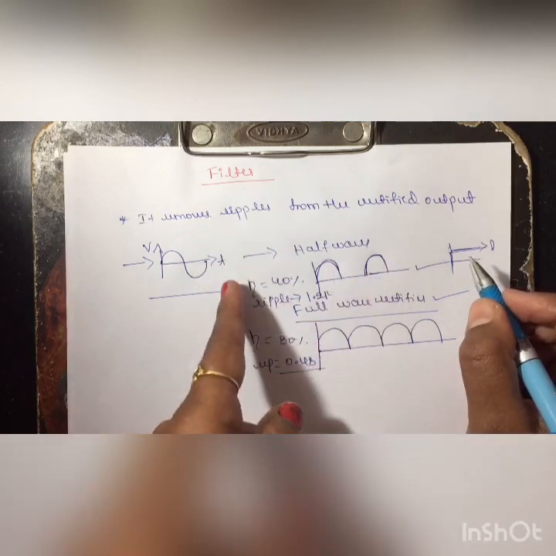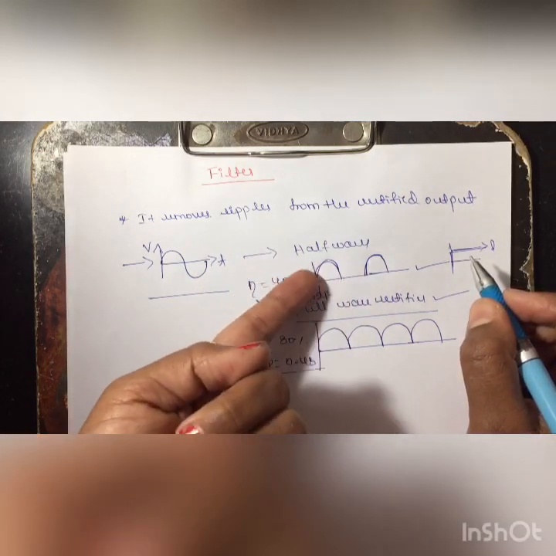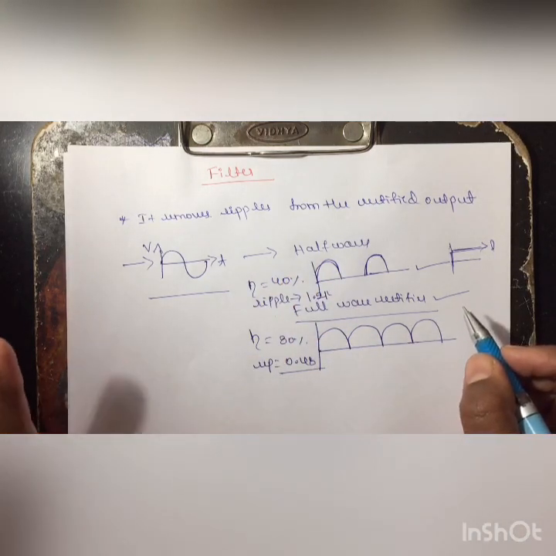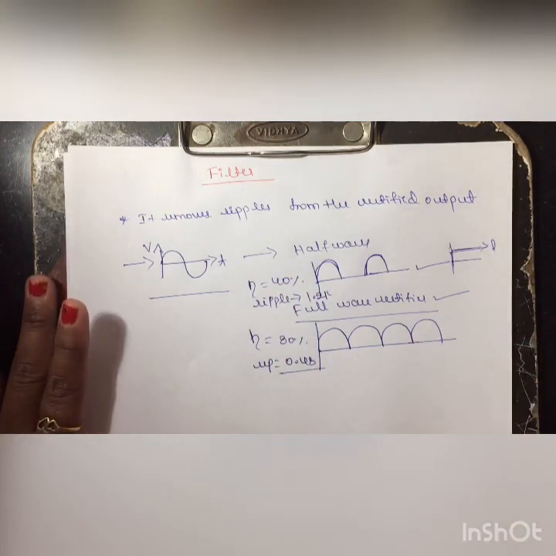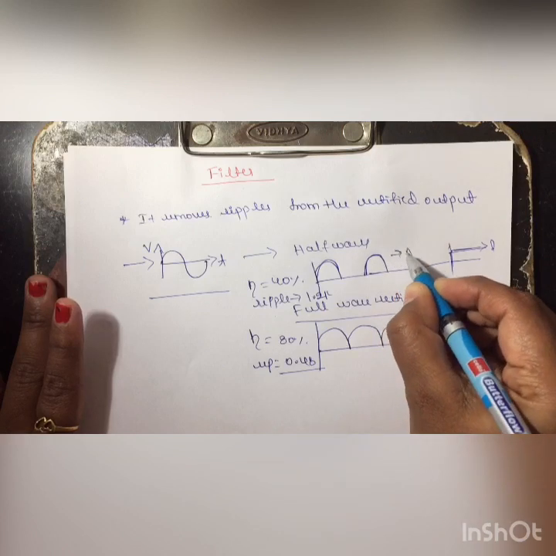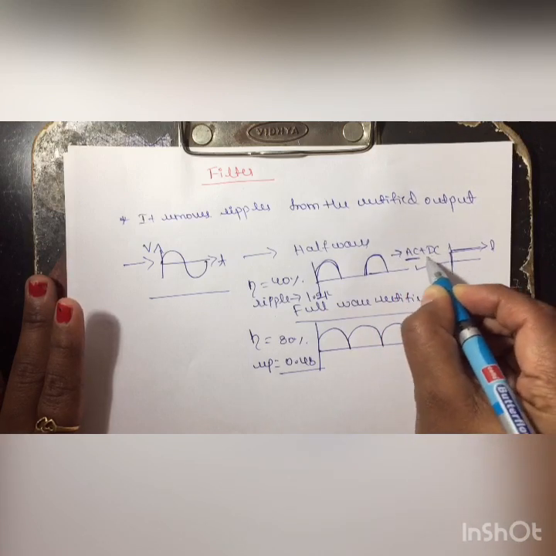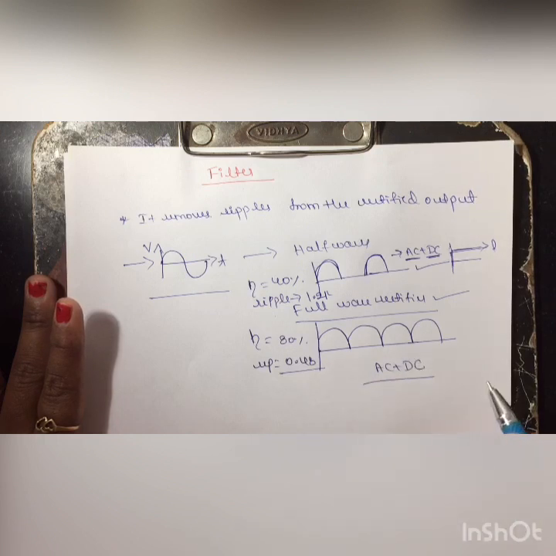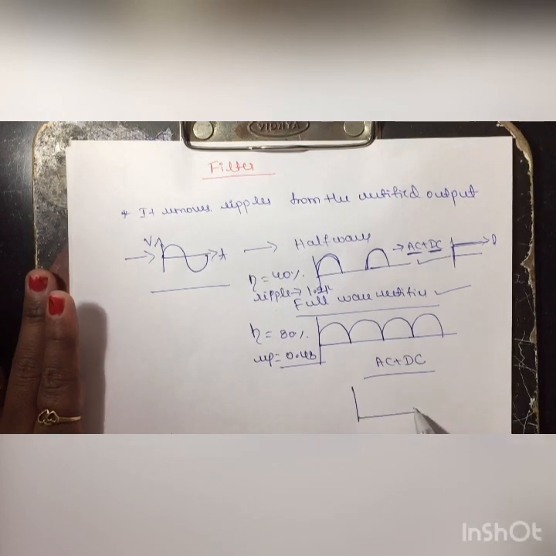After rectification, whether half wave or full wave, we do not get pure DC voltage. Some AC component is present after rectification, so we get AC plus DC, not pure DC. But we want pure DC after the rectification.